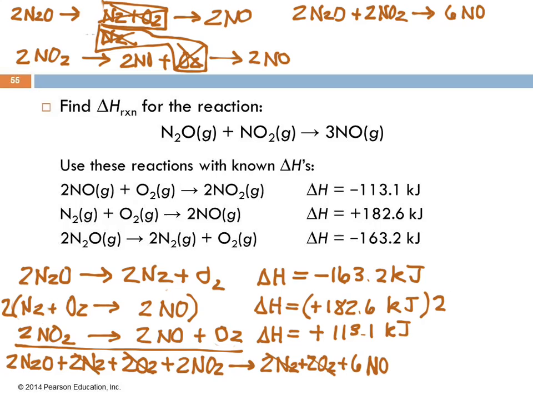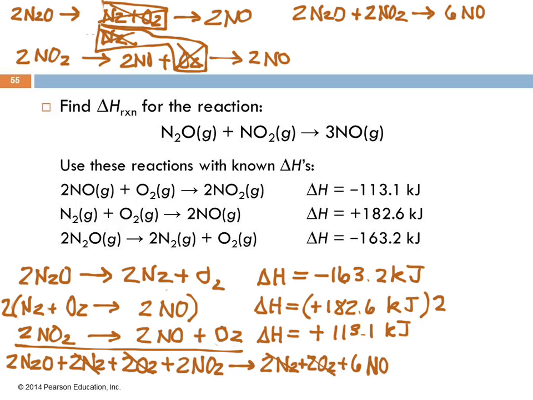Now, the total delta H for that is the sum of these things. So I've got this one, which is negative, this one, which is positive, and I have to multiply it by 2, and this one, which is positive.